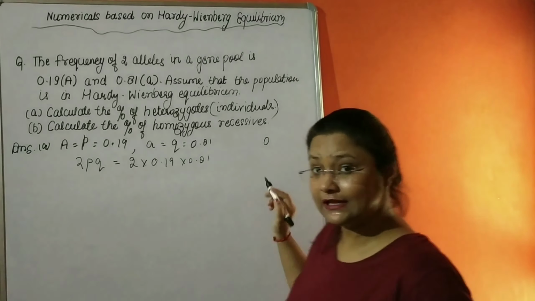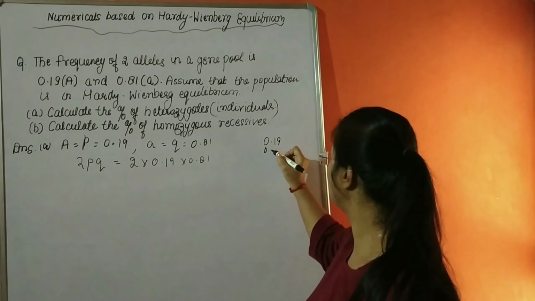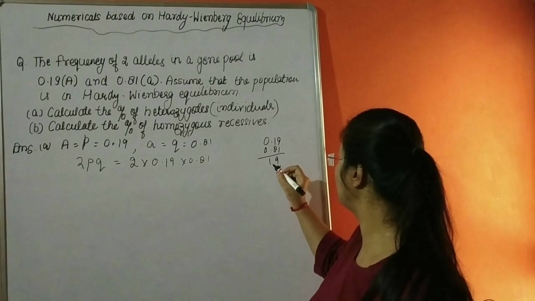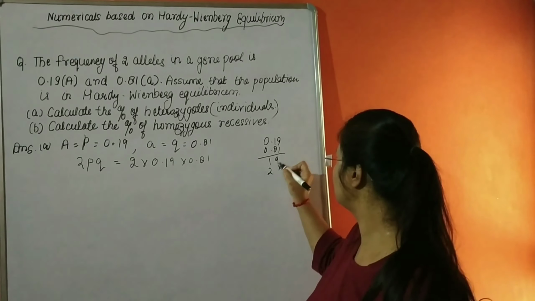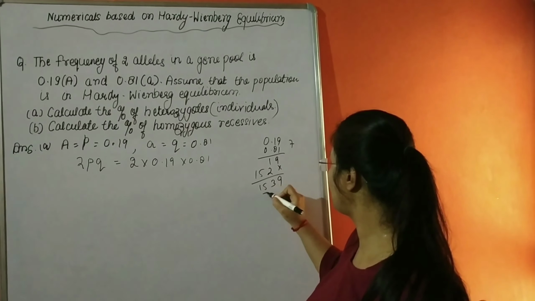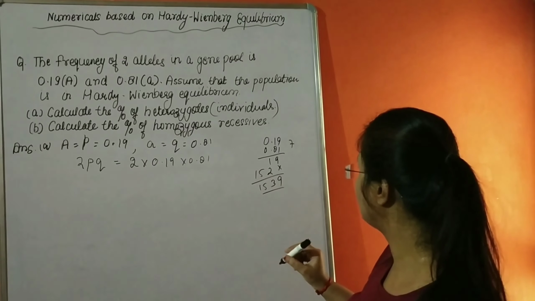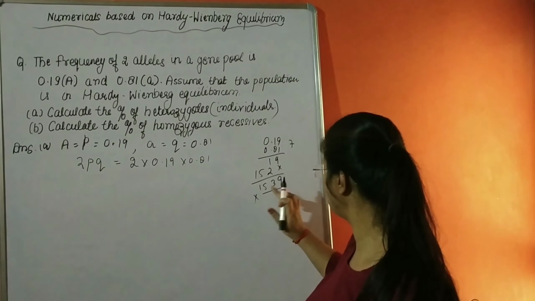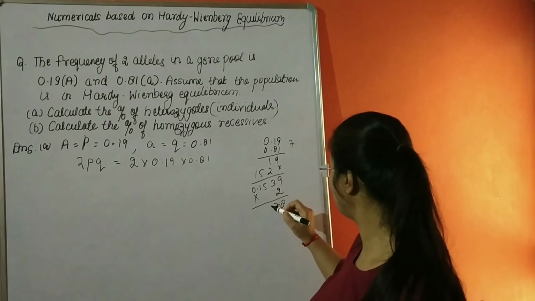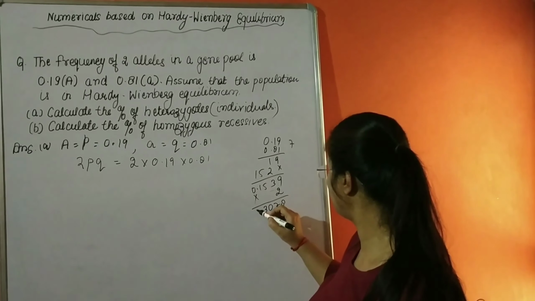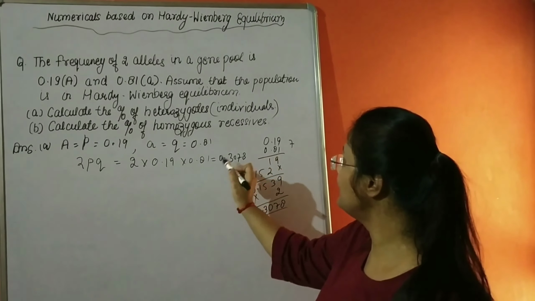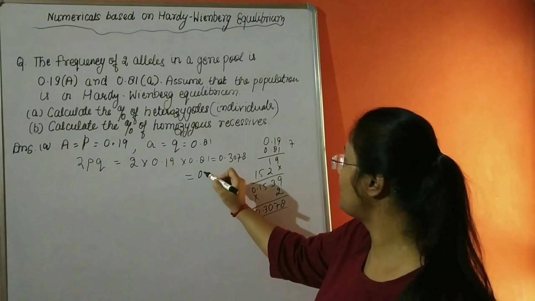So it is 0.3078, and if we round it off, then it will be 0.31.